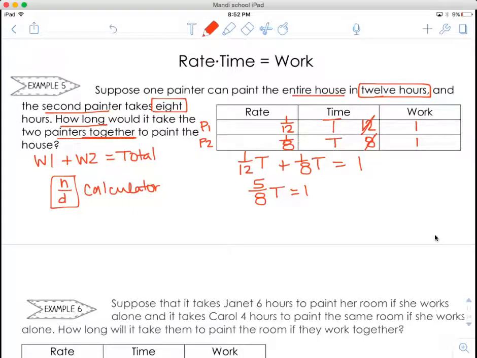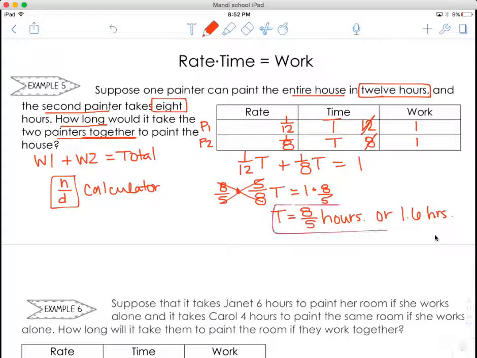And then we know from one-step equations that you can take both sides times the reciprocal. Those will cancel. T is equal to 8 over 5 hours. Or if we want to be happier about it, we can say 1.6 hours. Either one of those would be acceptable.